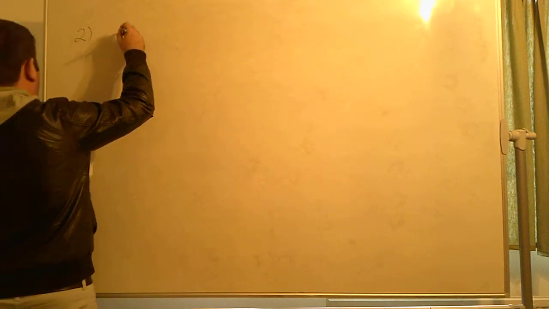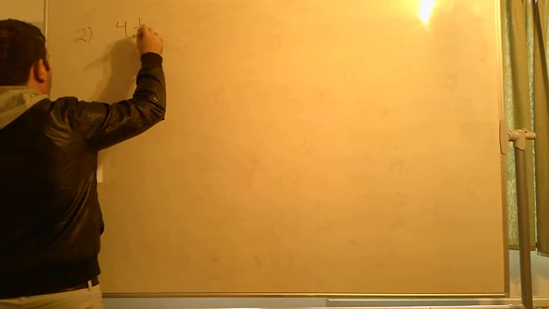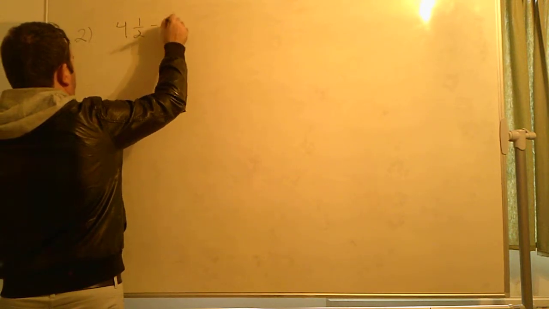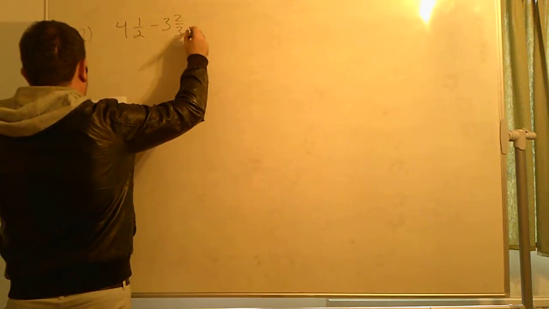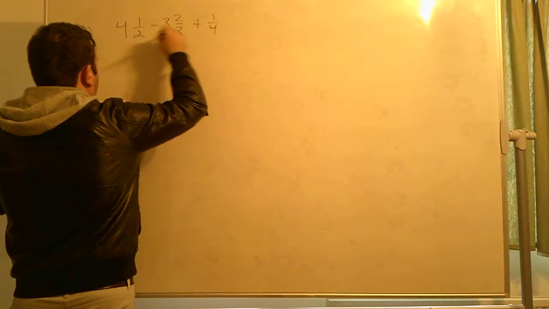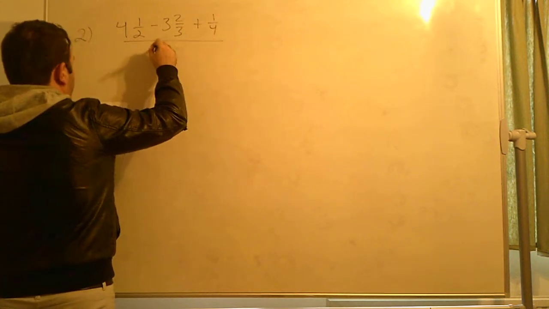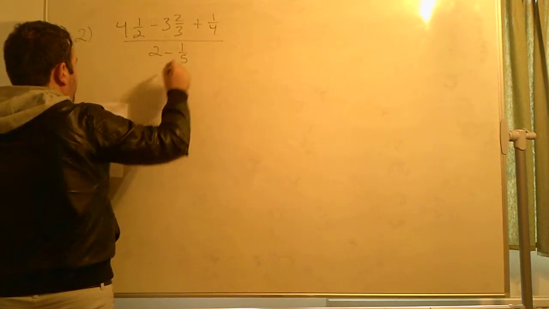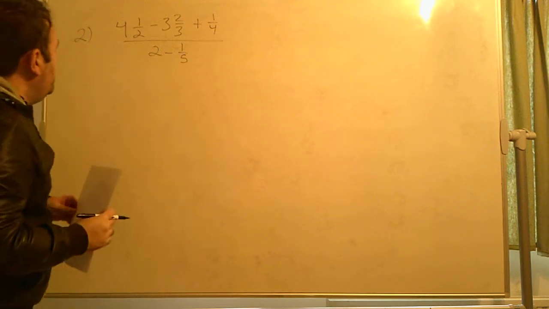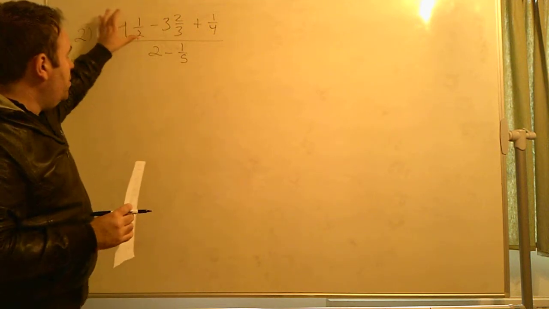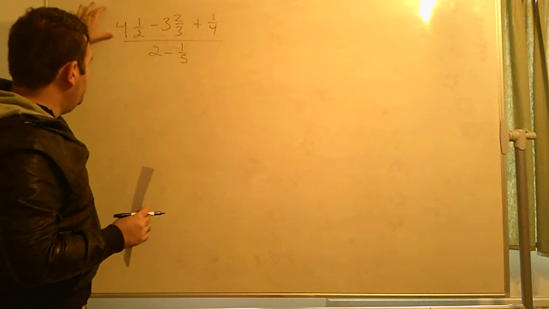Example two: 4 integers 1/2 minus 3 integers 2/3 plus 1/4, divided by 2 minus 1/5. So first we need to simplify the numerator, which is all this sum.